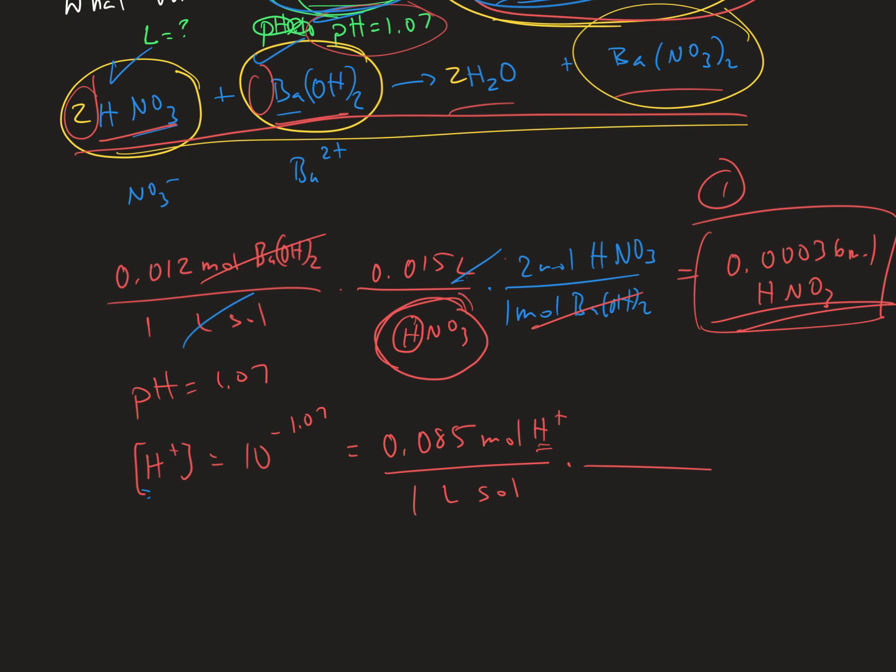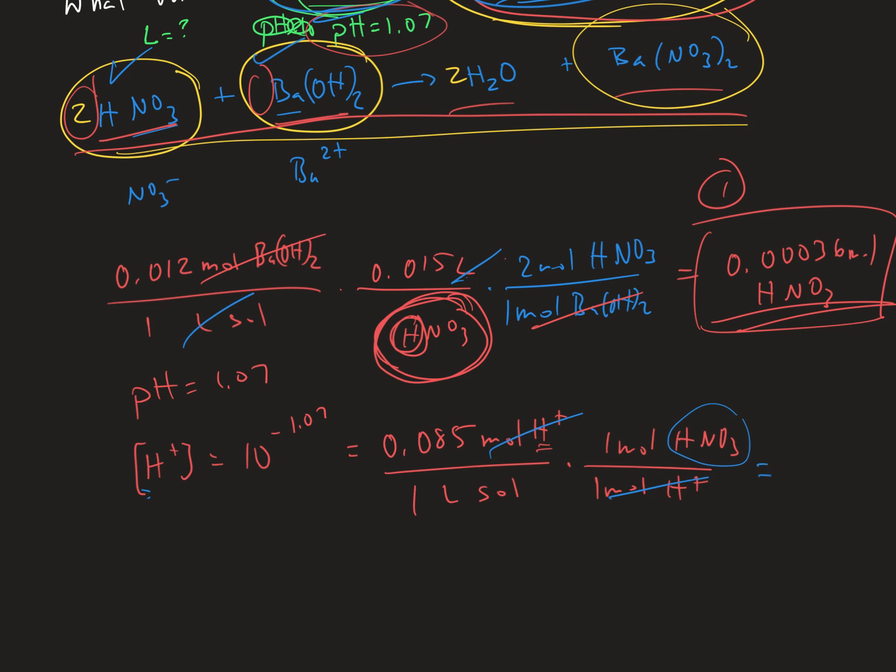For every one of these compounds, we only have one H. So 1 mole of H plus to 1 mole of HNO3. So moles goes away, and this gives us the molarity of HNO3.